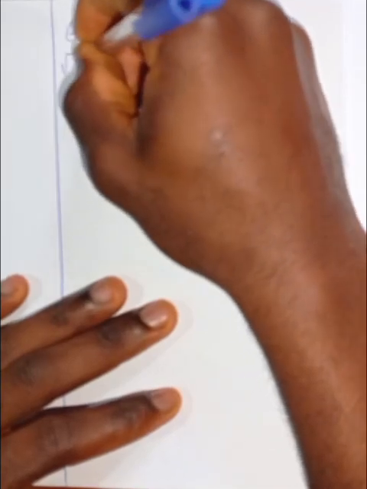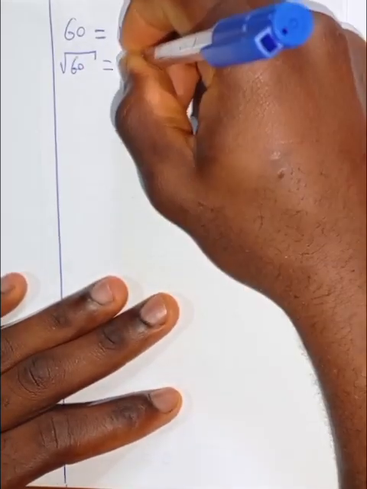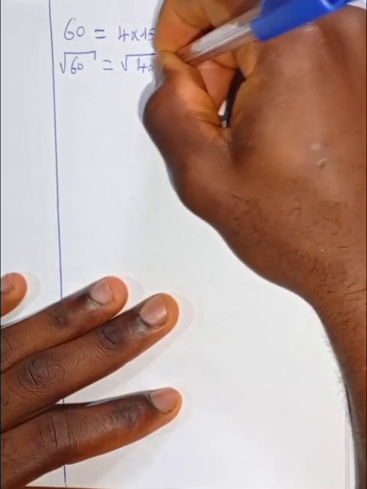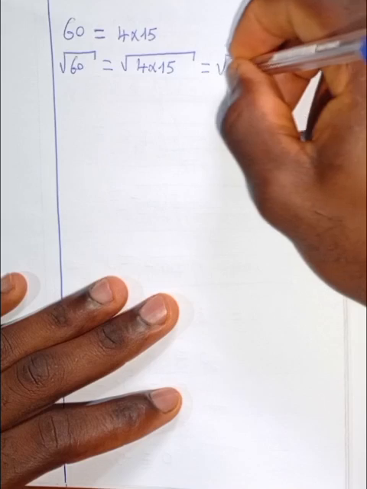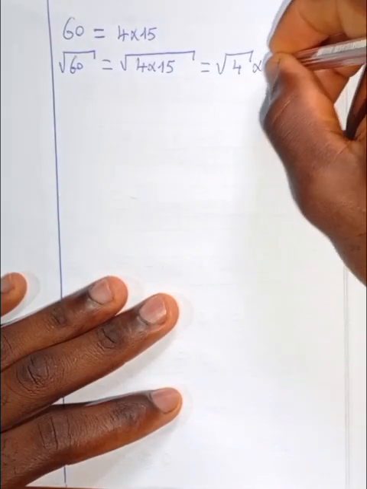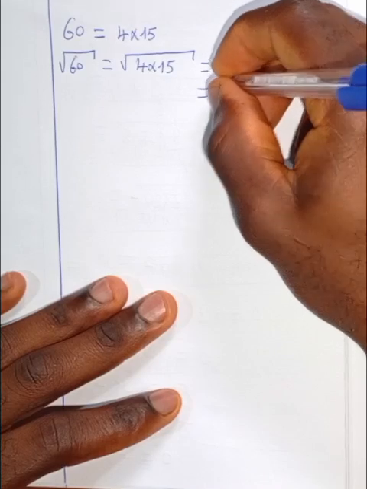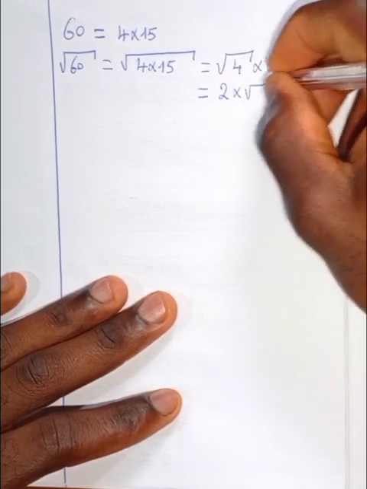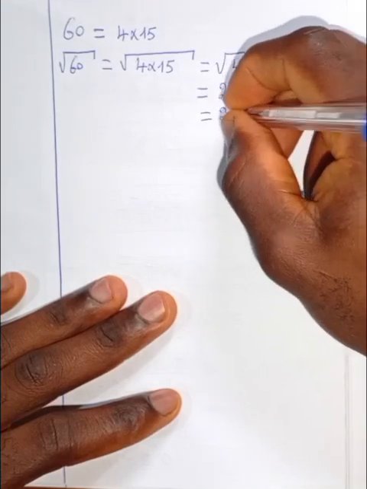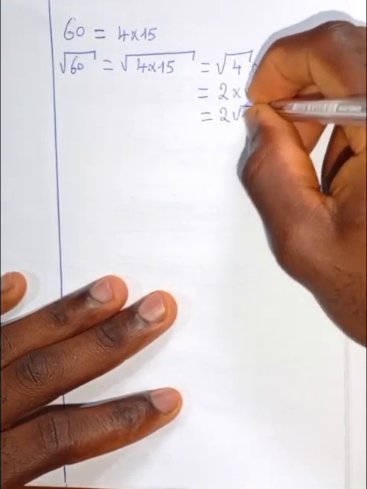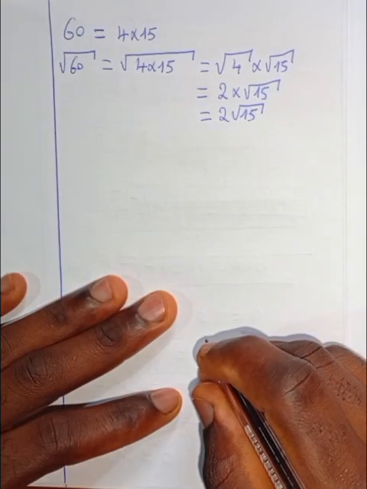If we take square root on both sides, the square root of 60 will be equal to the square root of 4 times 15. This will give us the square root of 4 times the square root of 15, which is simply equal to 2 times the square root of 15. This will simply be equal to 2 root 15 because 15 is not a square number.